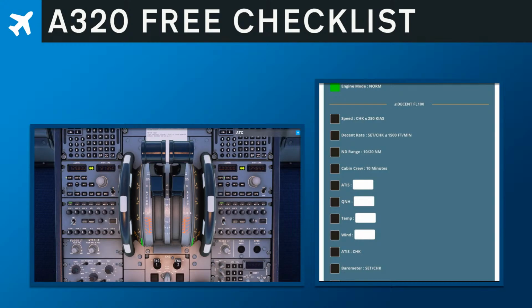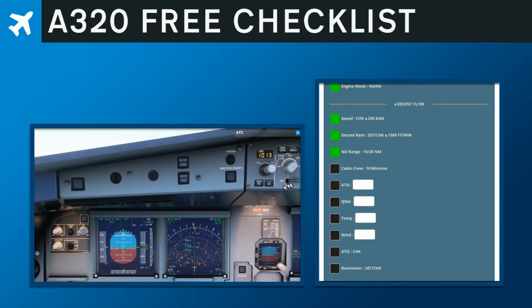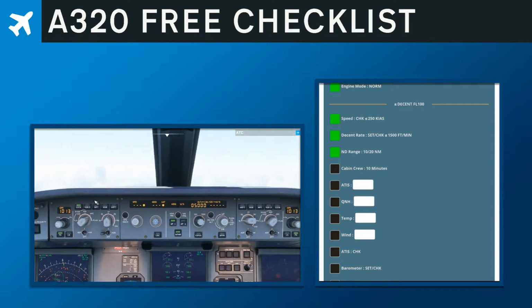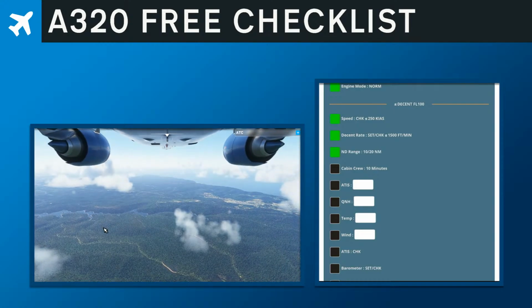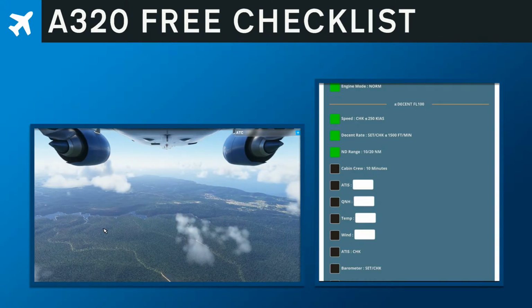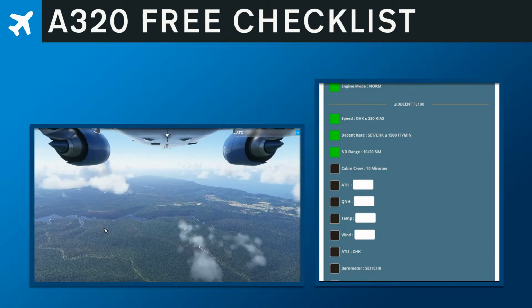Okay, so 250 knots descent rate, check. ND range 10 miles. Probably 20 actually, because we're going to do the loop. So we've got some way to go, so we definitely descended too early. Not really liking the look of some of this mountainous range.